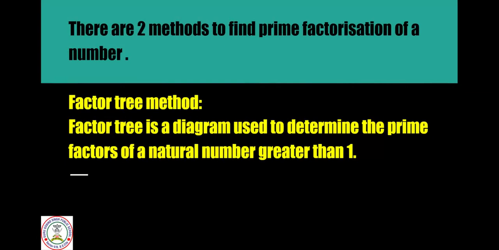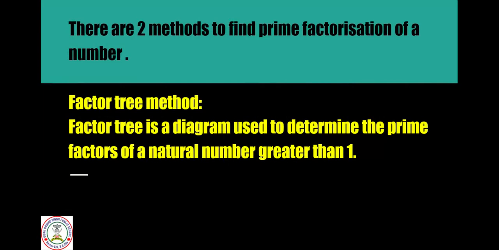There are two methods to find the prime factorization of a number. First, the factor tree method.